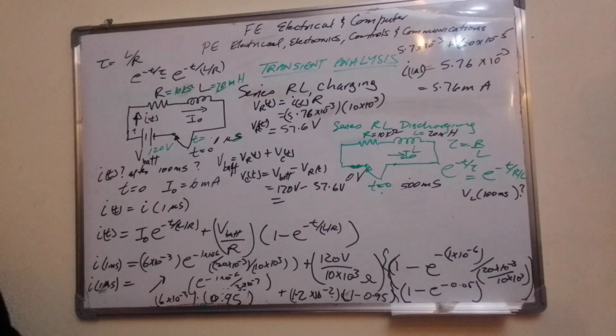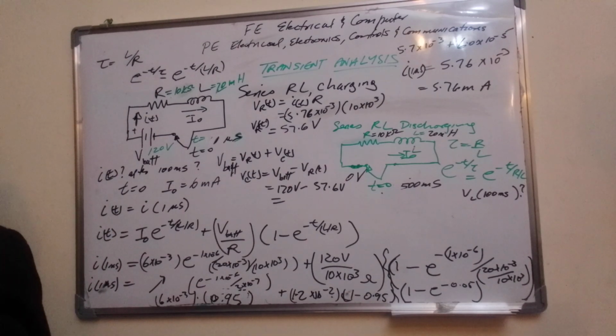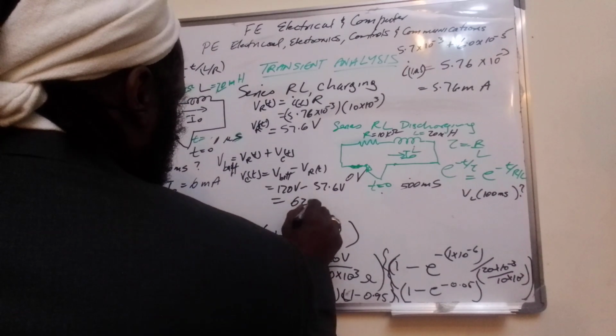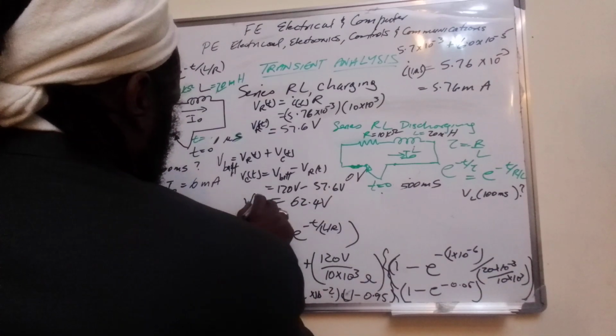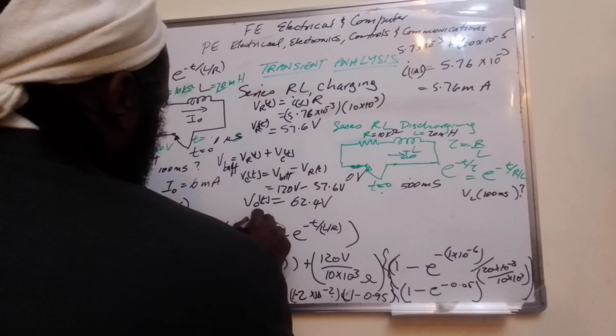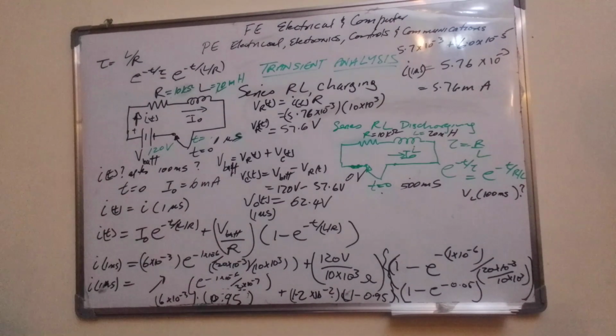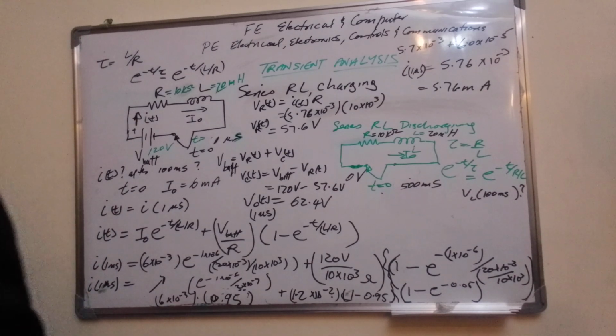So when you subtract that, 120 volts minus 57.6 equals 62.4. It's going to be 62.4 volts across the inductor after 1 microsecond, with an initial current obviously of 6 milliamps, right? That's a cool calculation for you.